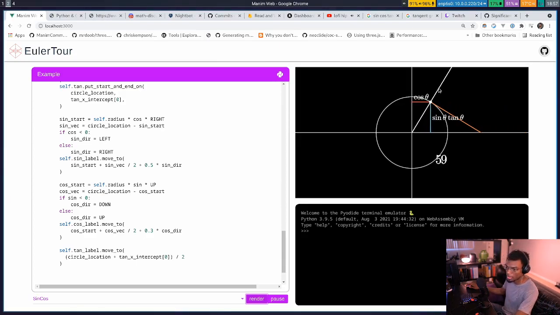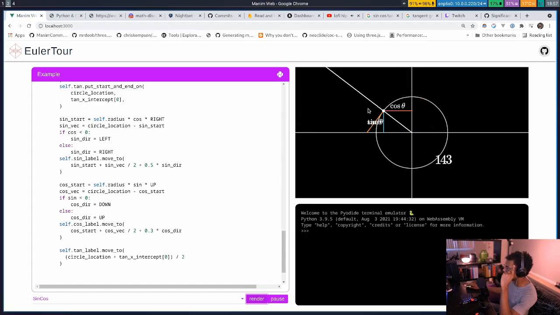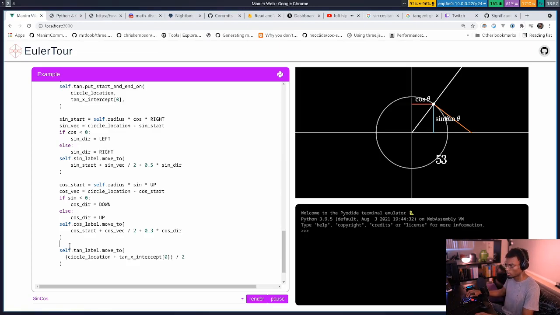I guess what I'd actually want it to do is go in the direction of that vector for a little while and then offset itself from there. So I'd want to find the offset.